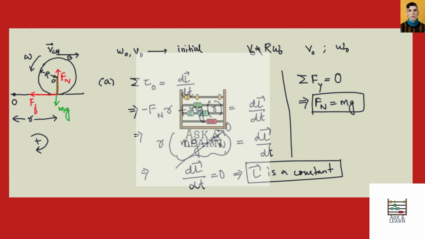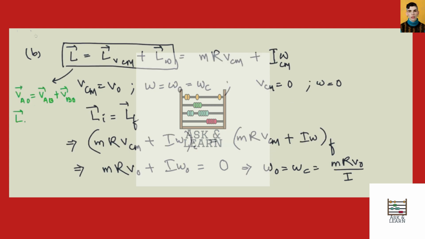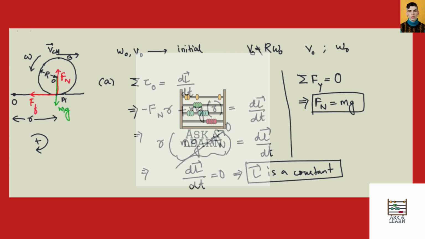So let's call it A, let's call this point B and this point A. So let me just write the relation for this over here and just forget about this. This is true in fact, but the A and O here don't correspond to A and O here. So let me just write the relation.